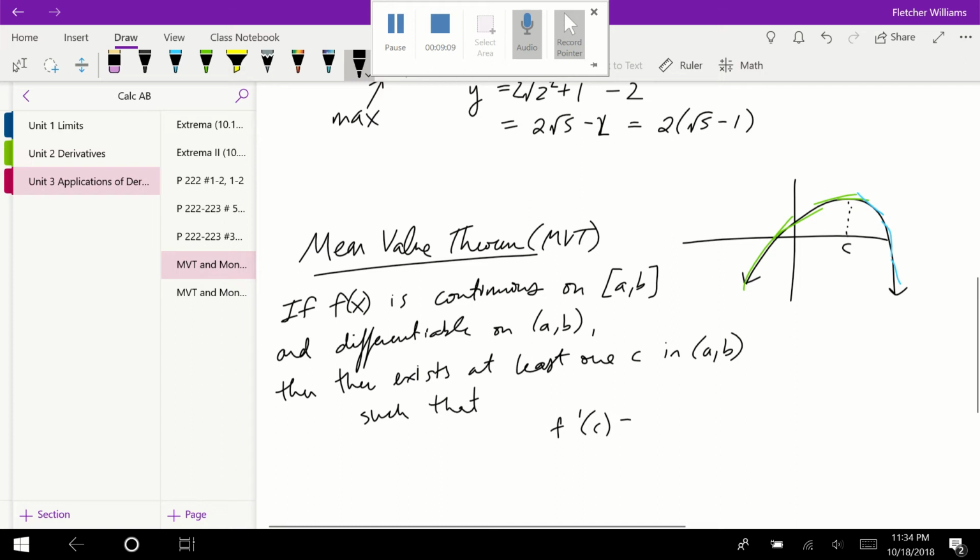F prime of c is equal to f(b) minus f(a) over b minus a.